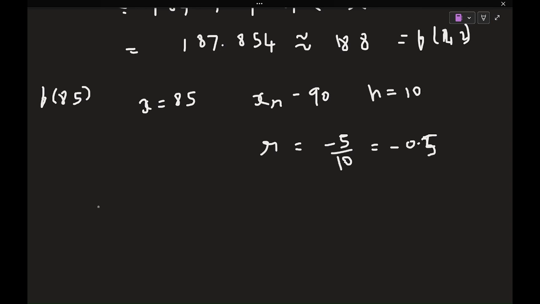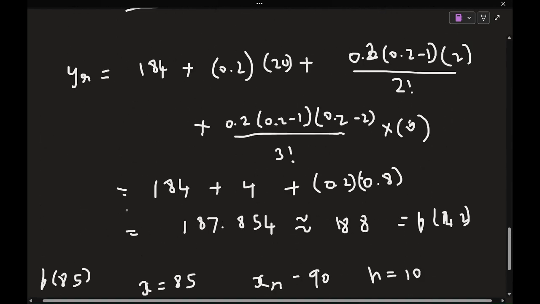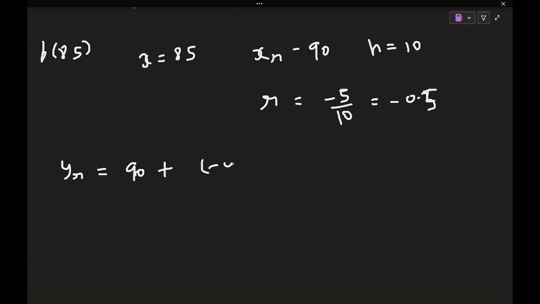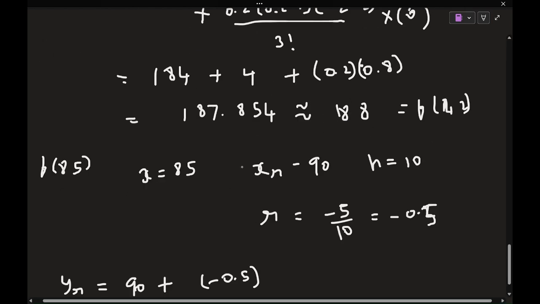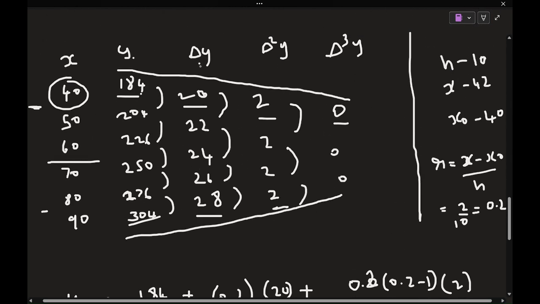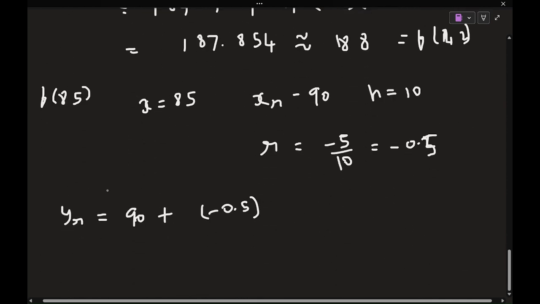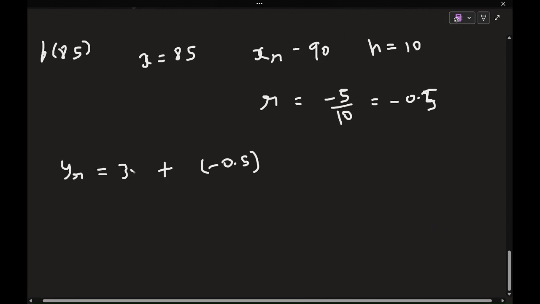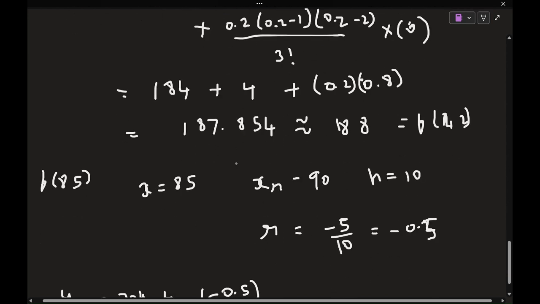Now I'll substitute everything in the formula. y r equals y n. What is my y n here? Oh, sorry, this is not 90, my bad. This is 304. Yes, that's what I thought was wrong.